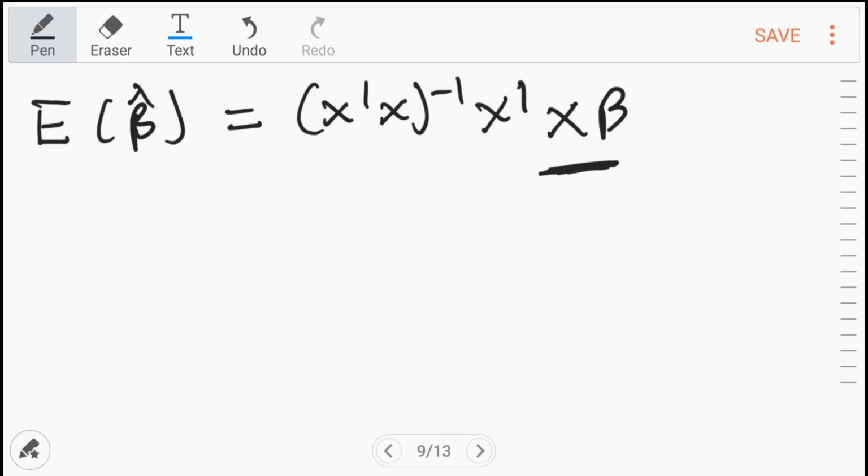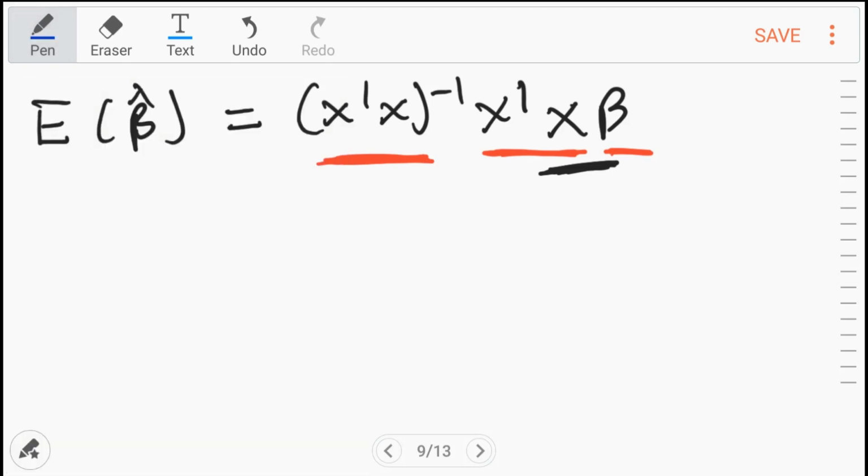Kindly take note of this as well. X prime x inverse is one matrix, x prime x is also one matrix, and beta is also one matrix. This means that we're actually going to apply some rules in matrices here.